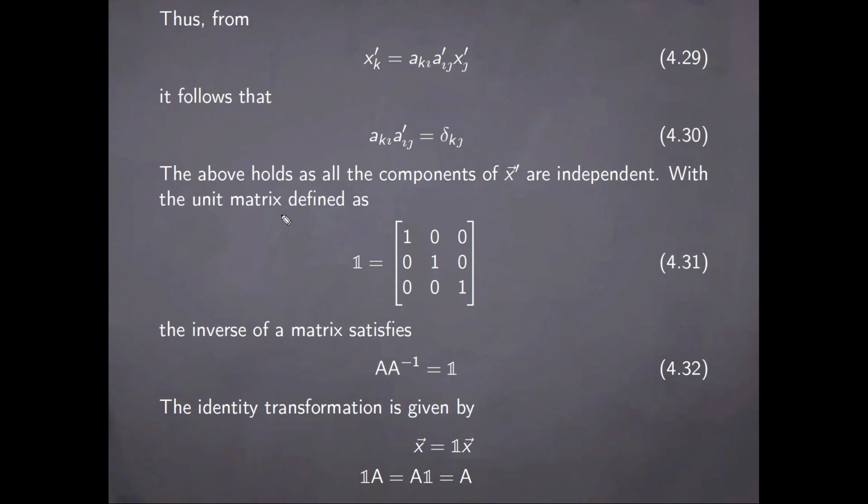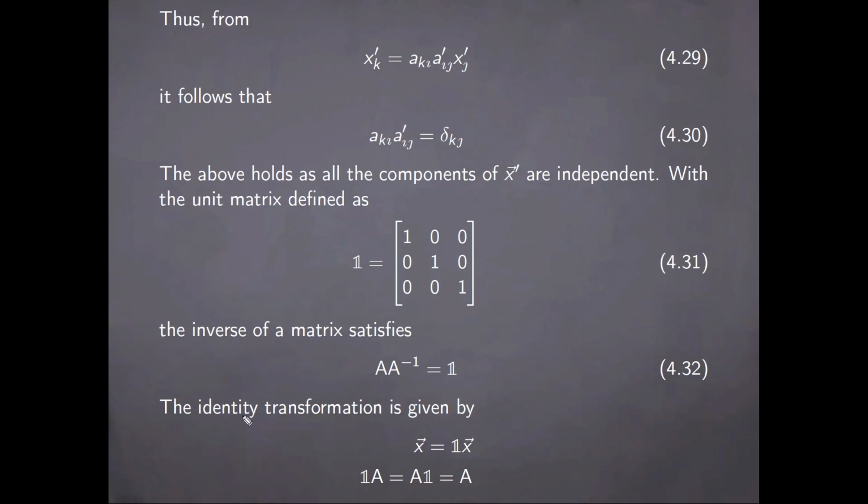So if we write the unit matrix in 3 dimensions by the definition here, then we can write this condition in matrix form as saying that the inverse of a matrix A satisfies this equality. So the product between a matrix and its inverse needs to give the unit matrix.